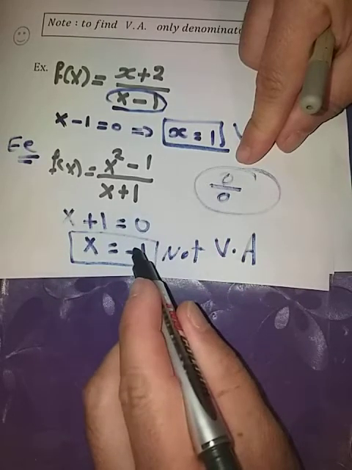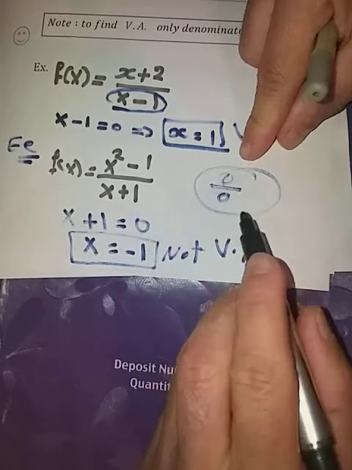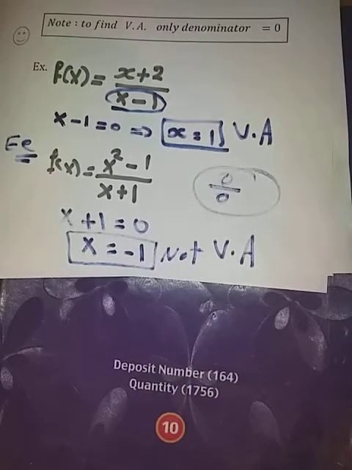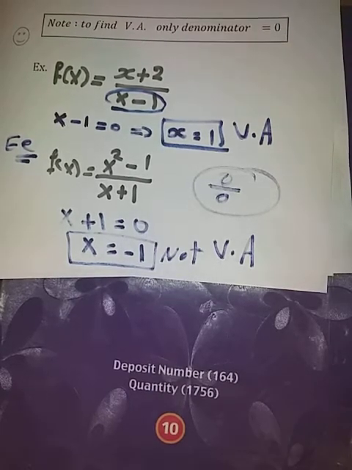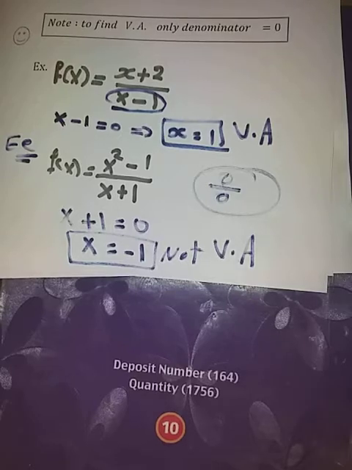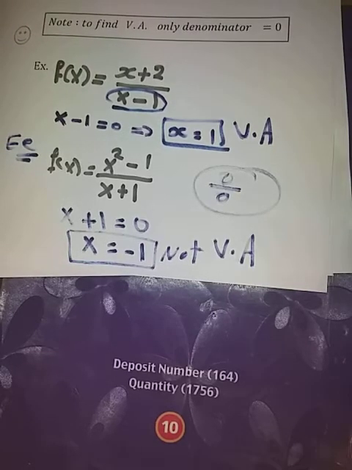For a vertical asymptote, only the denominator should be 0. The difference between domain and vertical asymptote is that only the denominator is equal to 0 and the numerator is not equal to 0 at that number.